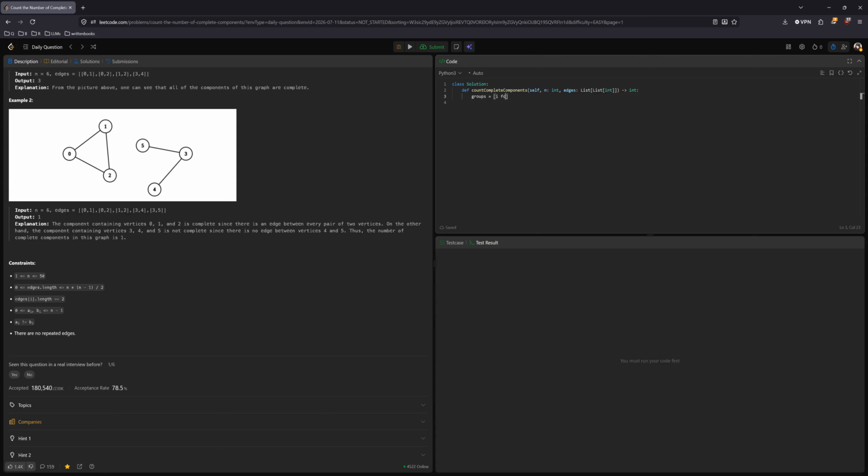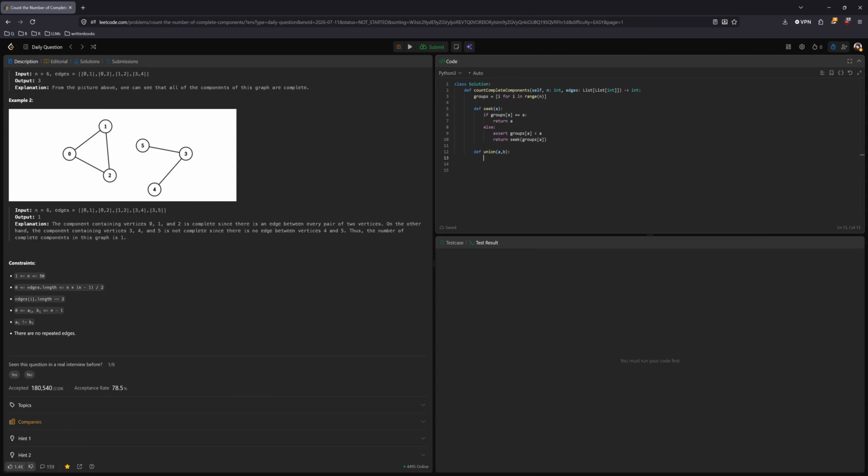Groups equals i for i in range n, right? And then union a, b is seek a: if groups of a equals a, then return a, else assert groups of a is lesser than a and return seek of groups of a, right?